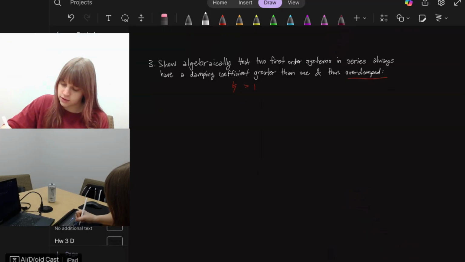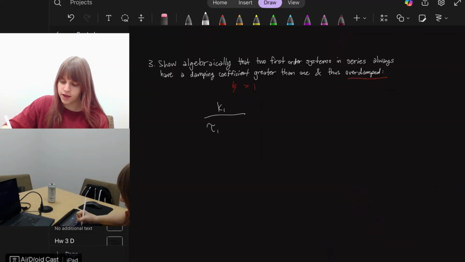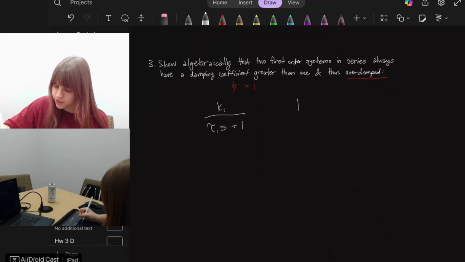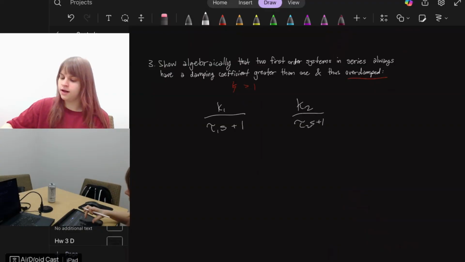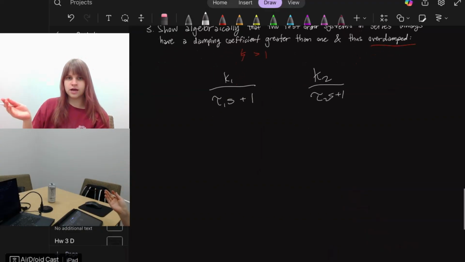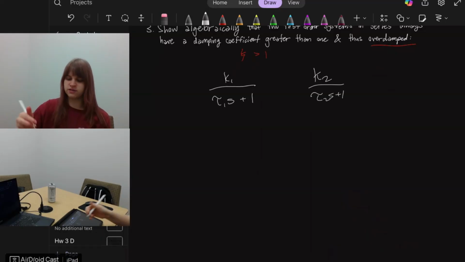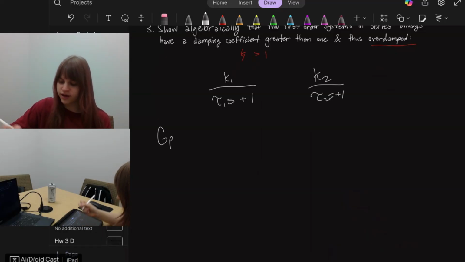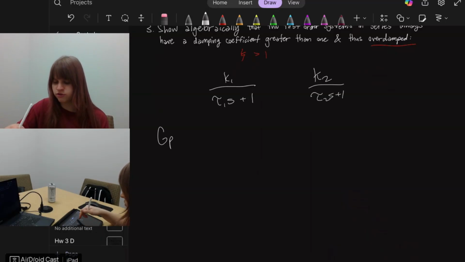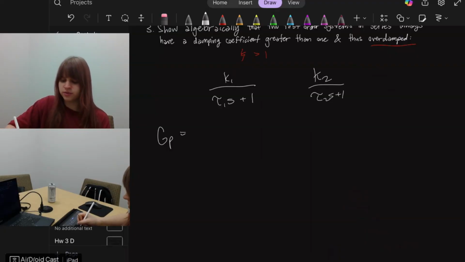That's just going to be K1 over tau 1 s plus 1 and K2 over tau 2 s plus 1. And they could look a little bit different than that, but this is our most simple case. I guess the most simple case would be if these two were the exact same, but just for the purposes of this video, I am going to do it this way.